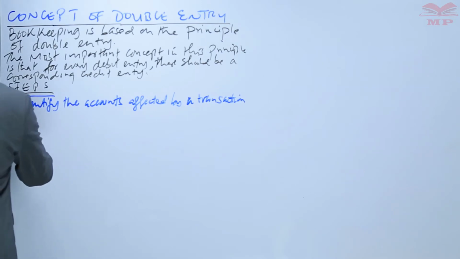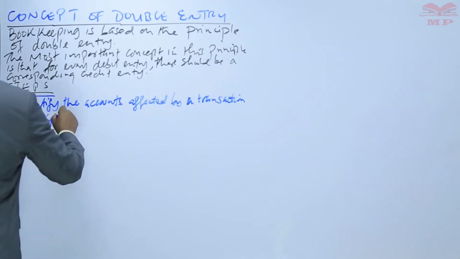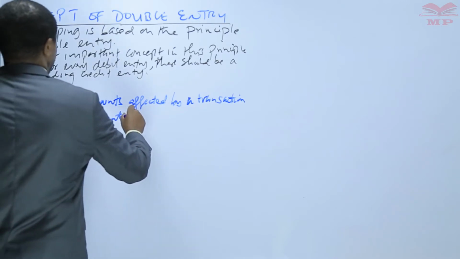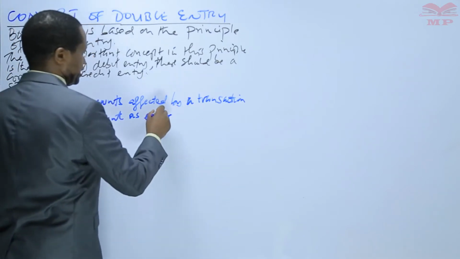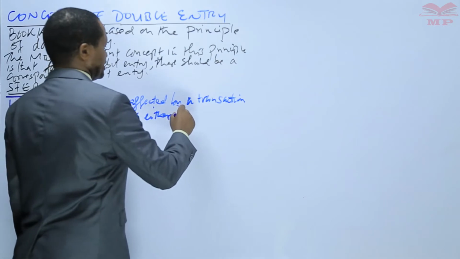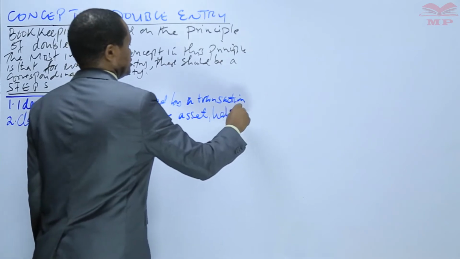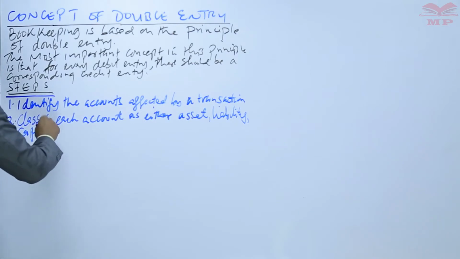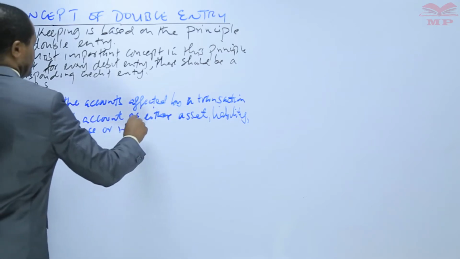Step number two, classify each account as either an asset, liability, capital, expense, or revenue.